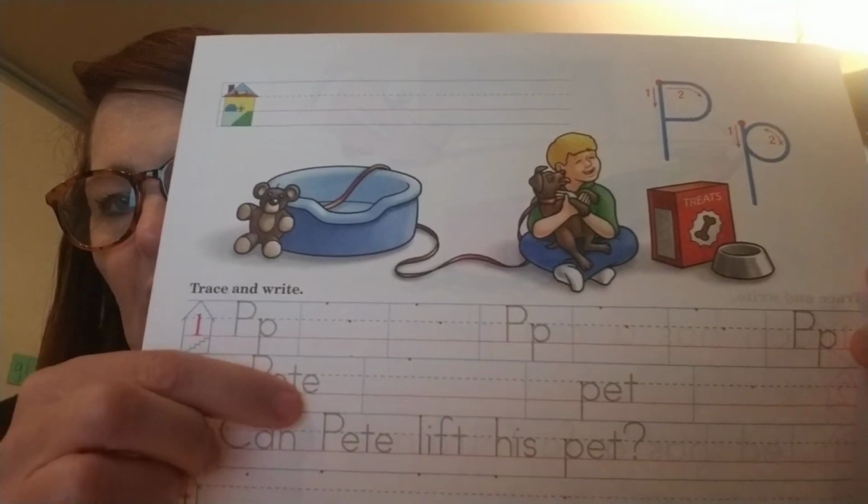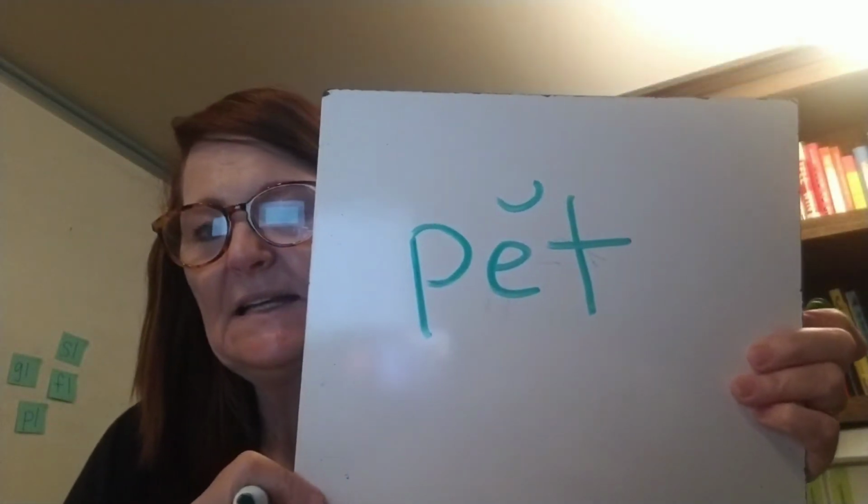Row 2, we're going to find out the boy's name. It's got a magic E at the end. Remember that? And that turns that vowel long. And I see that they also had this short vowel word, pet. You'll see that on row 2.